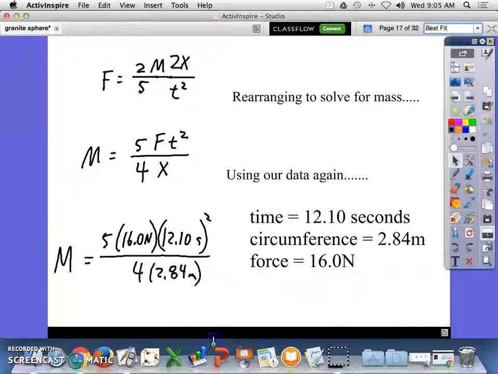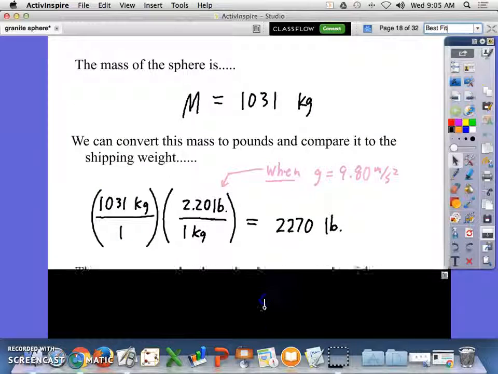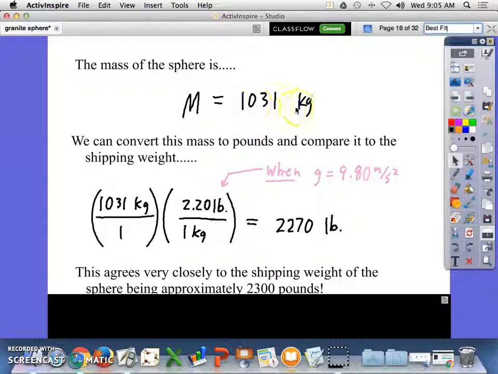Using our data again, we put in the 16 newtons and the 12.10 seconds, square that, and the 2.84 meters for the distance from the lab screenshots that you had, and we come up with the mass of the sphere being 1,031 kilograms. If you use gravity at 9.8 meters per second squared, there are 2.20 pounds in 1 kilogram. Make sure you've got your gravity at 9.8 because that's the only time this works.